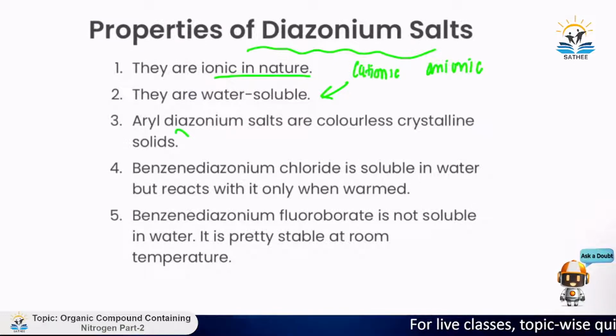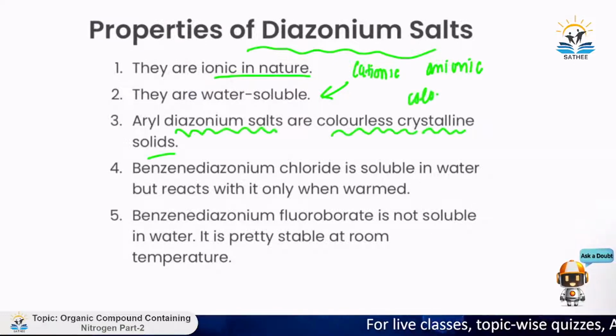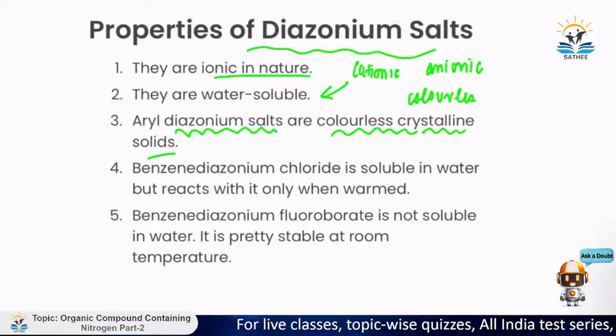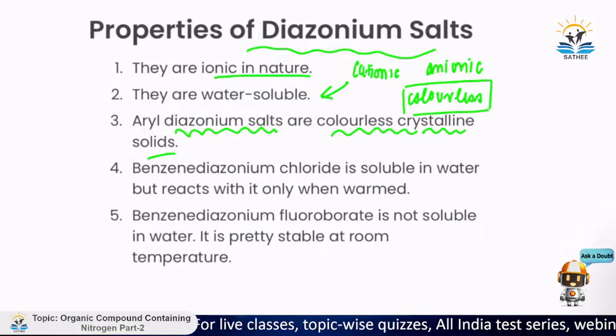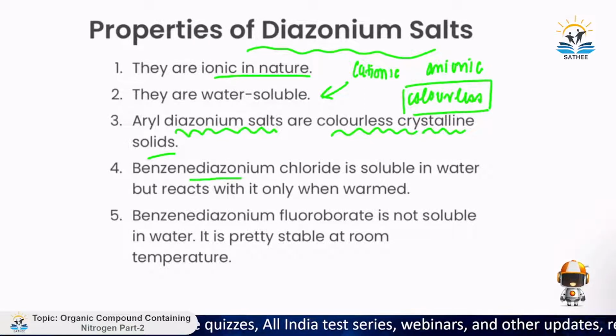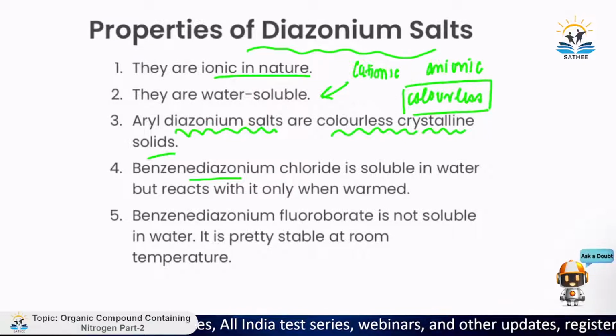If we make secondary amines react in the diazotization reaction, then we get yellow compounds, but those are not diazonium salts, so to say. Then benzene diazonium chloride is soluble in water, but reacts only when it is warmed.